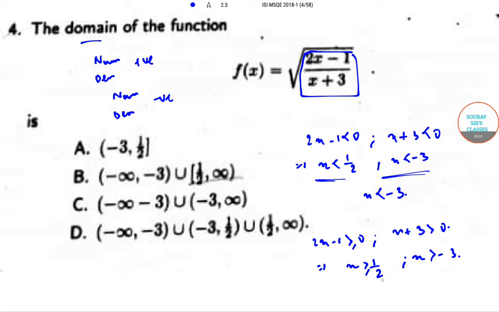Now using both these conditions we conclude that x is greater than or equal to half. So our domain is, since x less than minus 3, from minus infinity to minus 3, union half till infinity. So this is option B.